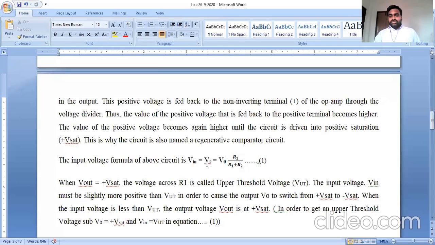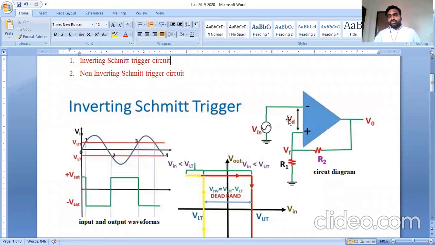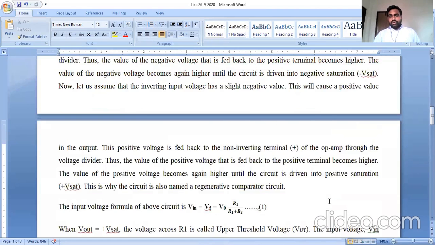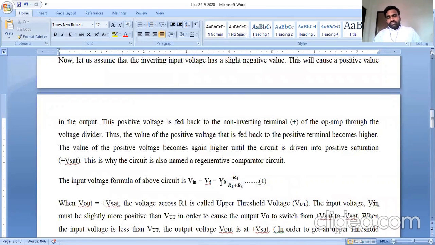The input voltage is equal to the feedback voltage with respect to the phenomenon of virtual grounding, where V2 is 0 and V1 is 0. As per virtual grounding, the input voltage is equal to the feedback voltage, which is V0 into R1 divided by R2.